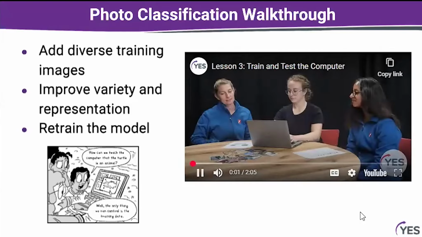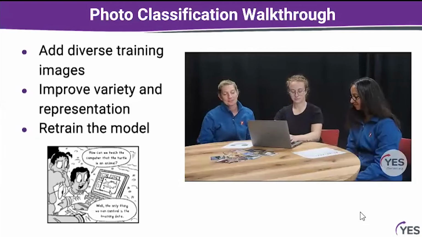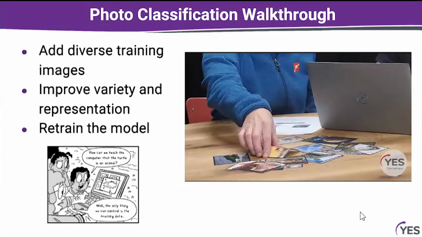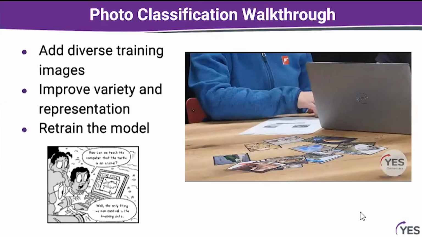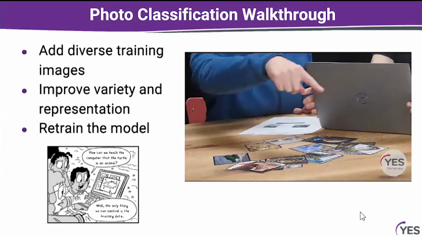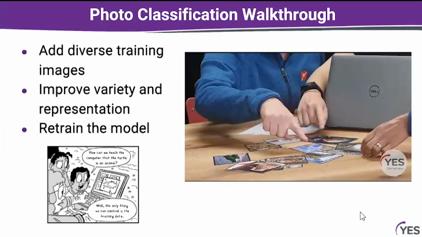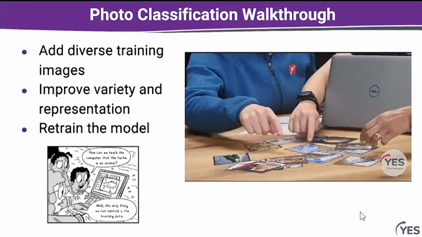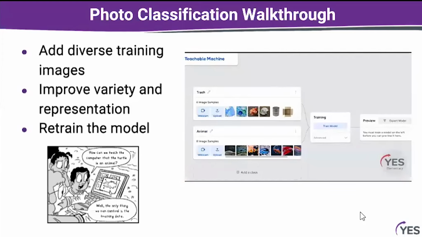Groups will train and test the computer in 3 rounds. For each round, the whole group chooses 3 training photos to add to Carlos's training data. When the group is ready to add training data, the trainer clicks on the webcam button under Trash to add more images of trash, or under Animal to add more images of animals.